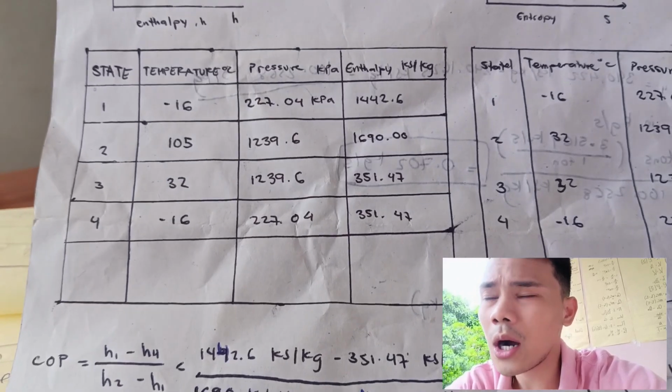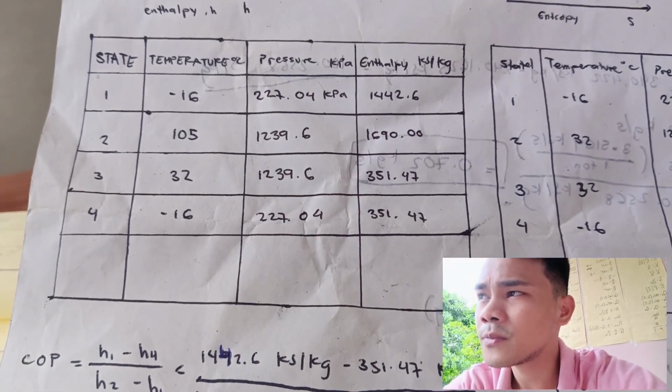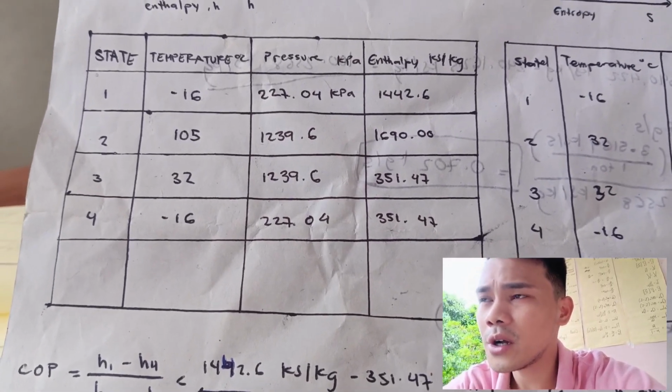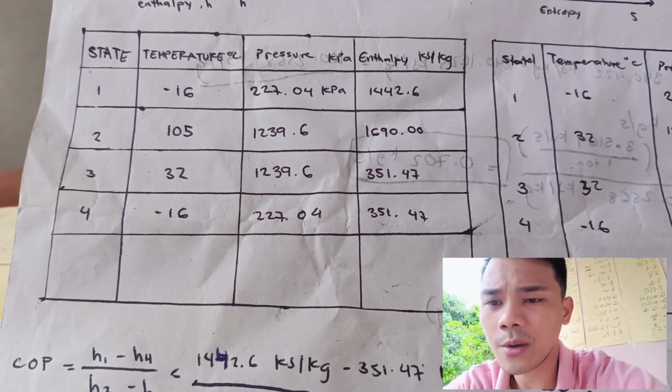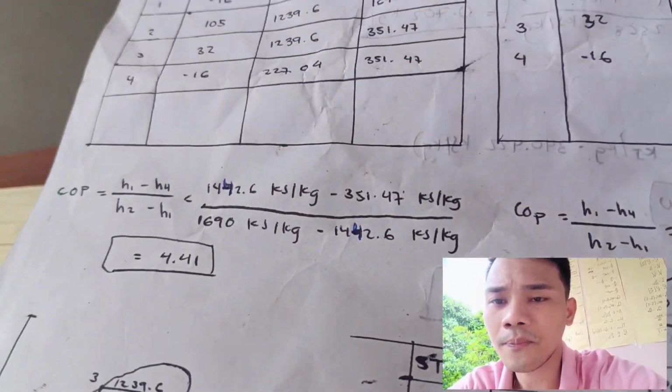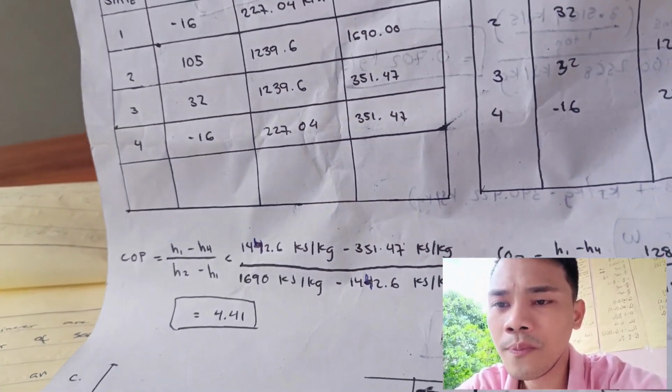So first, in part A, we are looking for the coefficient of performance for an ideal saturation cycle. Our formula for COP is H1 minus H4 over H2 minus H1. We simply substitute the values we got from the table.